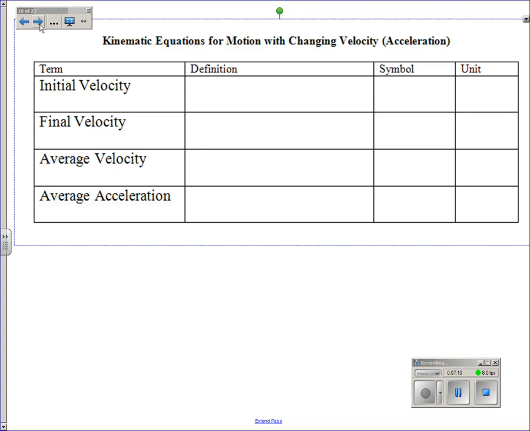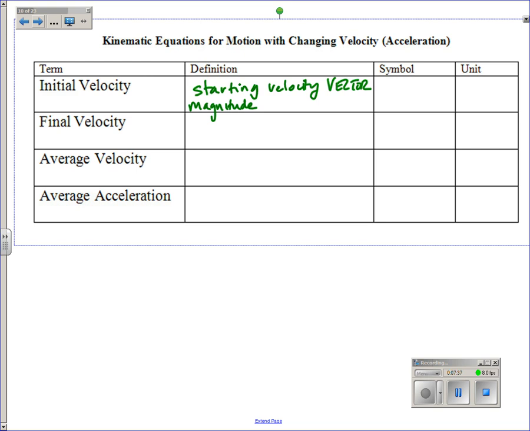So in the same way that we looked at position, we can now look at velocity, and we can create some definitions and some symbols. So our initial velocity is just starting velocity. This is a vector, which means, again, that it has magnitude.